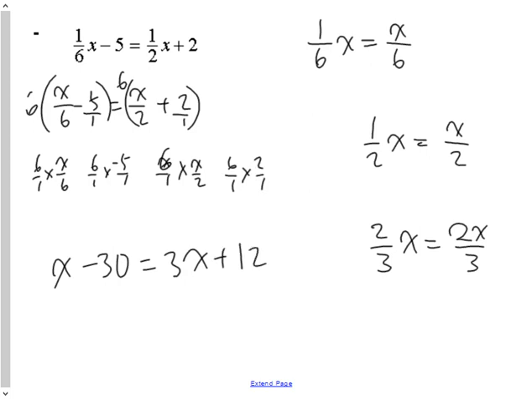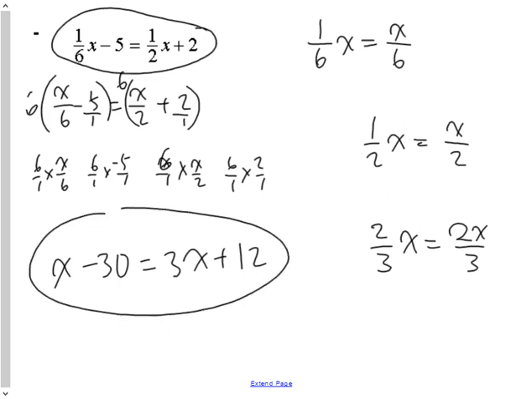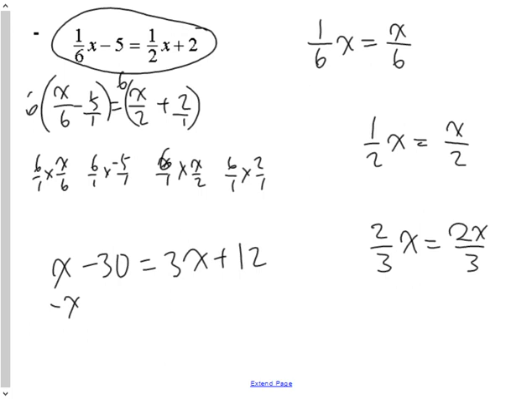Now, I don't know about you, but if I was given a choice between answering this question or this question, I think 1,000 times out of 1,000 I would choose the second, because there are no common denominators, nothing complicated. Subtracting x from both sides. Negative 30 equals 2x plus 12.